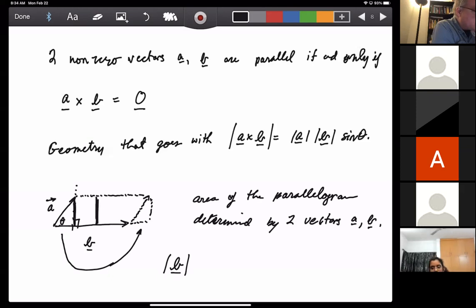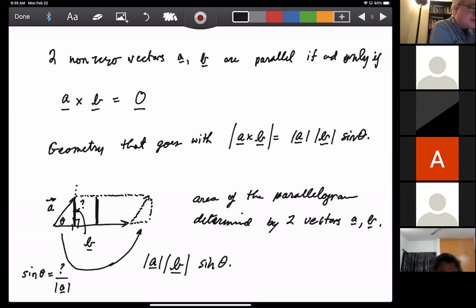What is this distance? Well, we've got a triangle, right? And we've got a right triangle. So it turns out that this altitude here is related to the sine of this angle. So the sine of theta here would be the length that we're looking for divided by the length of the hypotenuse. So if that's question mark, sine of theta is equal to question mark divided by the length of our vector A. So the thing we're looking for is really the length of A times sine of theta.